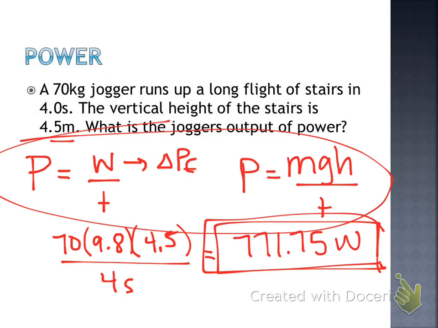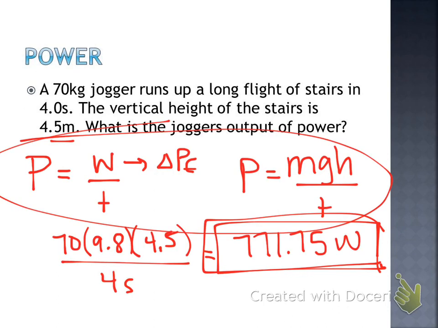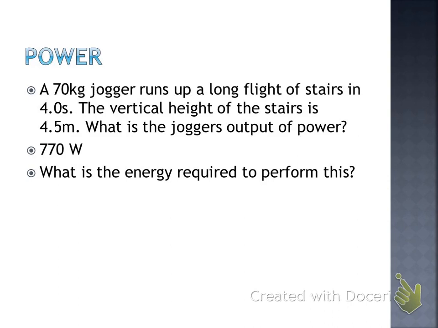Any questions? Okay. So we just wanted the energy itself, not the power. If we want just the energy, the energy that was transformed or the energy required, that means we're just looking at the work that was done. We don't need the power part of it. So if we know that our power was equal to 771.75, and we know it took 4 seconds to complete it, we can just solve for the energy transformed or the work that it took to do this.